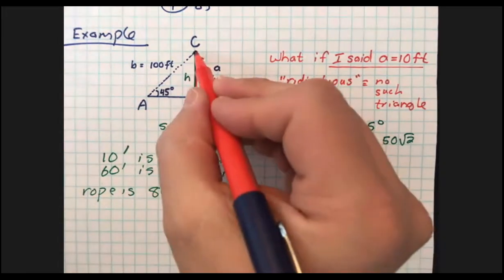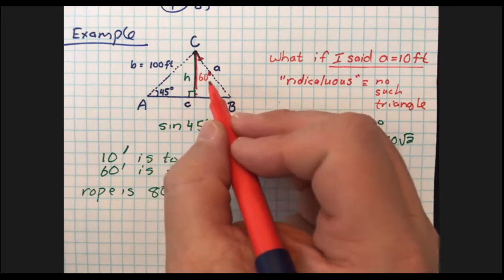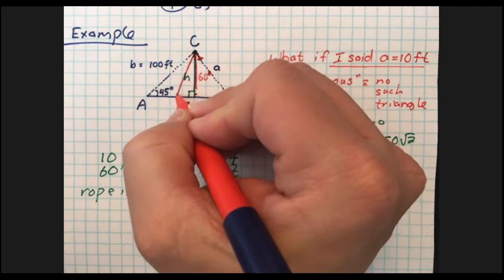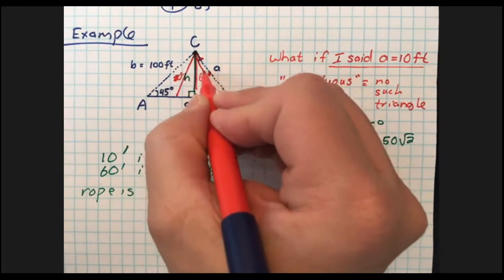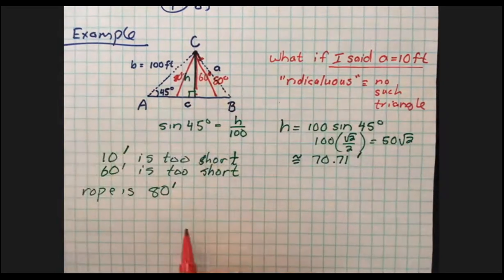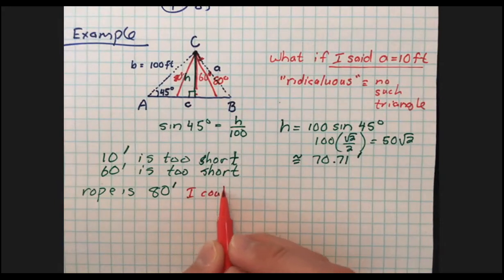Now, you know that this height is 70. If I give you an 80-foot rope, you could stretch it two ways. You could stretch that rope this way, call it 80 feet, or you could stretch that rope this way, call it 80 feet. What did you just do? You made two triangles.